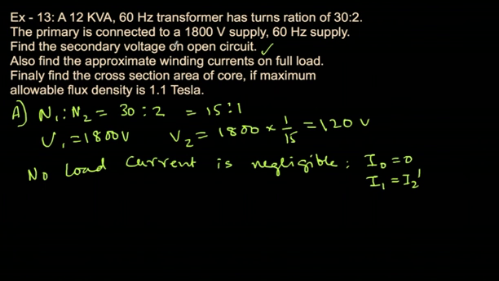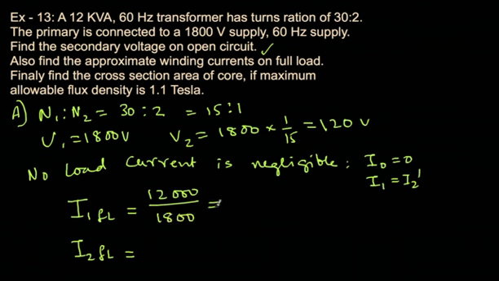Since it is given, find the approximate winding current on full load. When the load is full, I know the kVA, I know the voltage, so I can find the full load current. So I1 full load equal to 12,000 divided by 1800. This is kVA, this is VA.